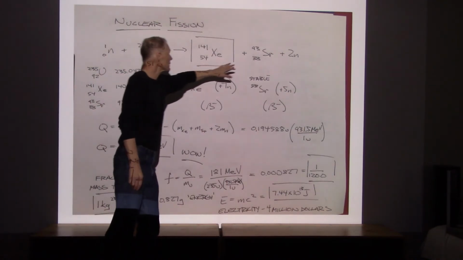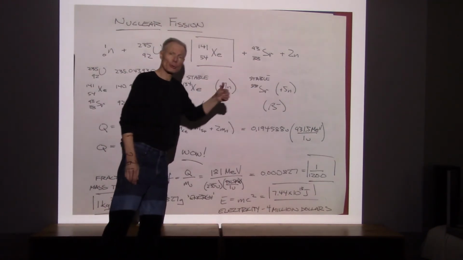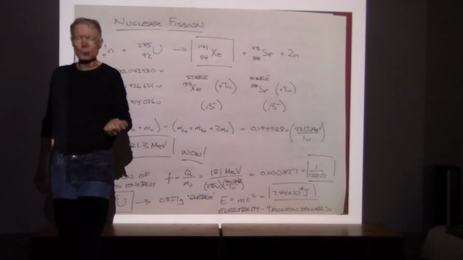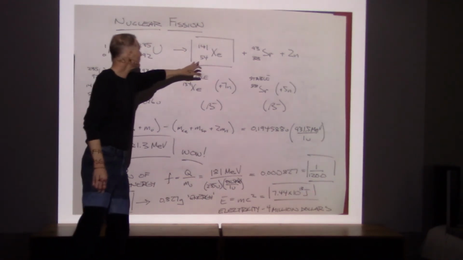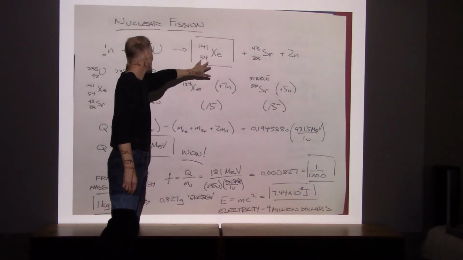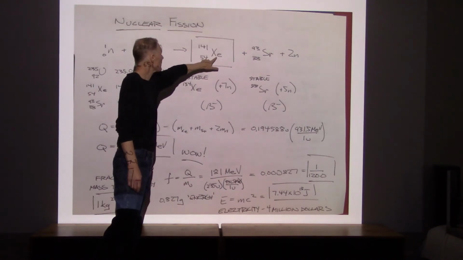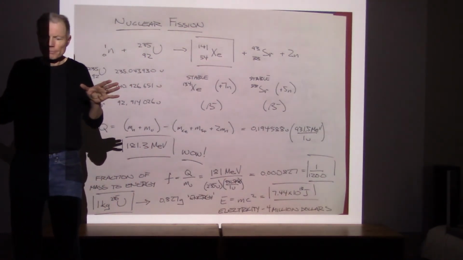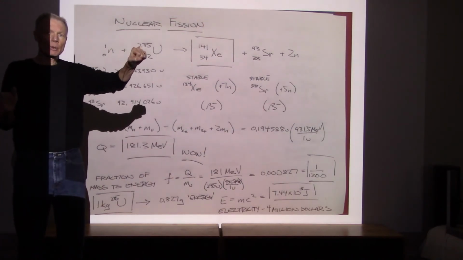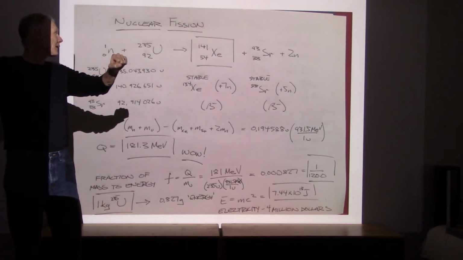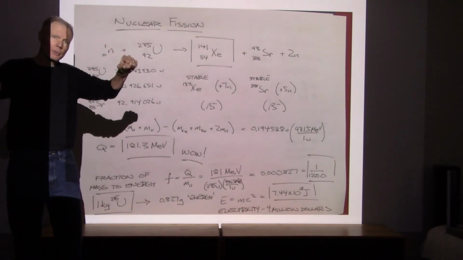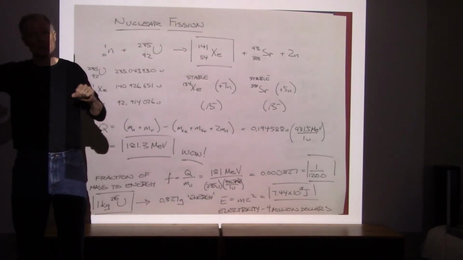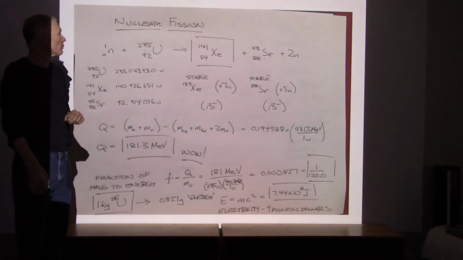The strontium accounted for 38 of those protons. So there were 54 missing. So the element we're looking at is xenon. So it's split into two pieces. One of those had 38 protons in the bundle, and the other bundle had 54 protons. This one's going to be an isotope of strontium. This one's going to be an isotope of xenon.